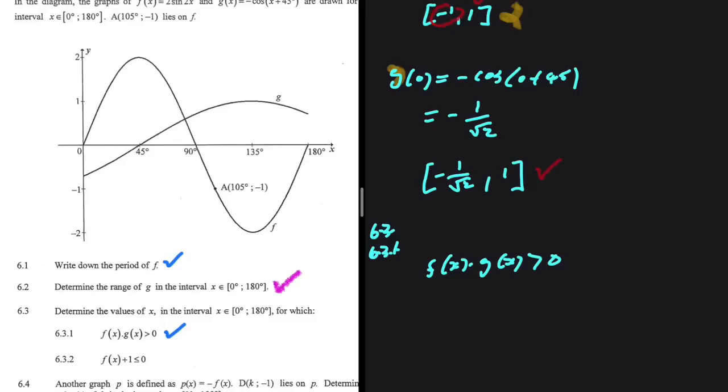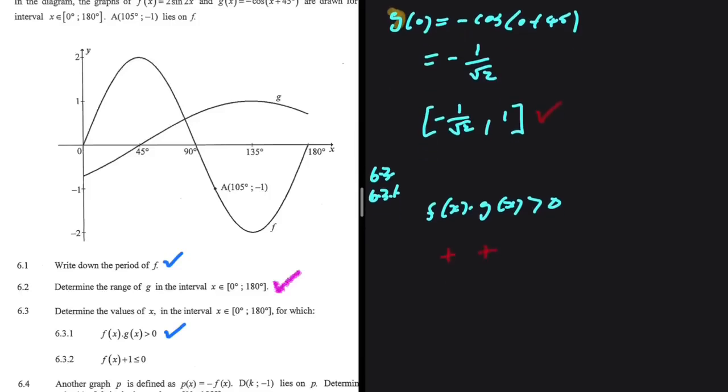For this to be true, it's either f of x is positive while g of x is also positive, or the other way around, f of x is negative while g of x is also negative. If that is the case, then f of x multiplied by g of x will be greater than 0. So let's go to our graph and find those points.